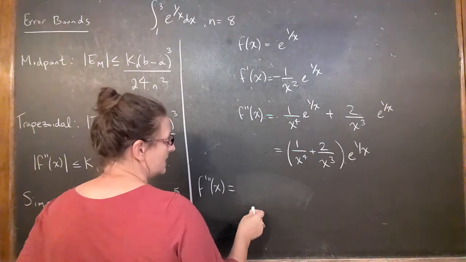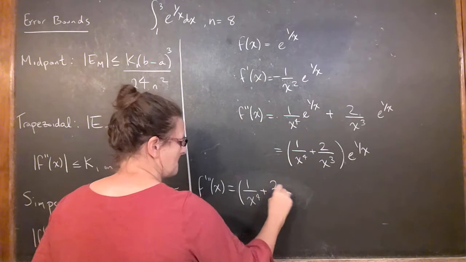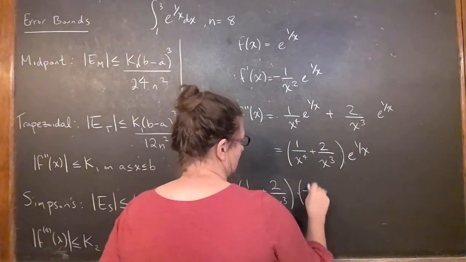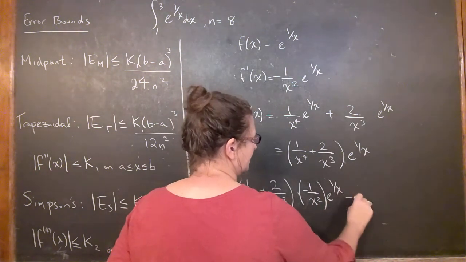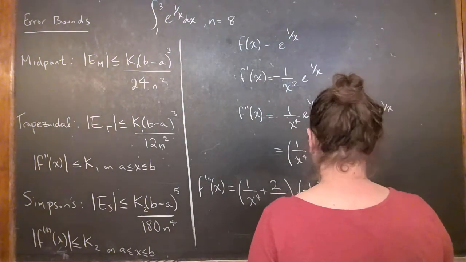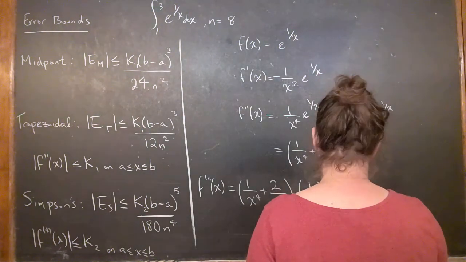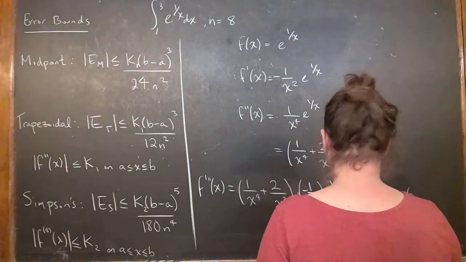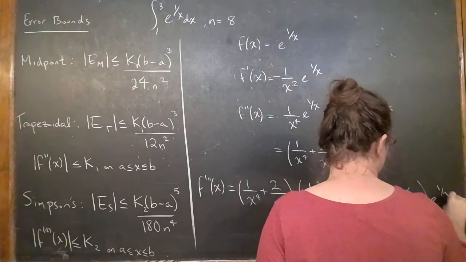Okay, so I'm going to get this thing times negative 1 over x squared e to the 1 over x plus the derivative of this guy. So this would be minus 4 over x to the 5th minus 6 over x to the 4 e to the 1 over x.